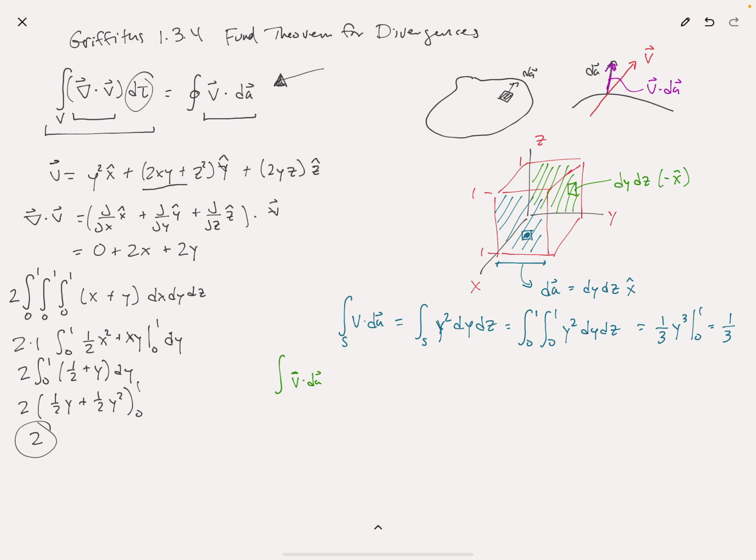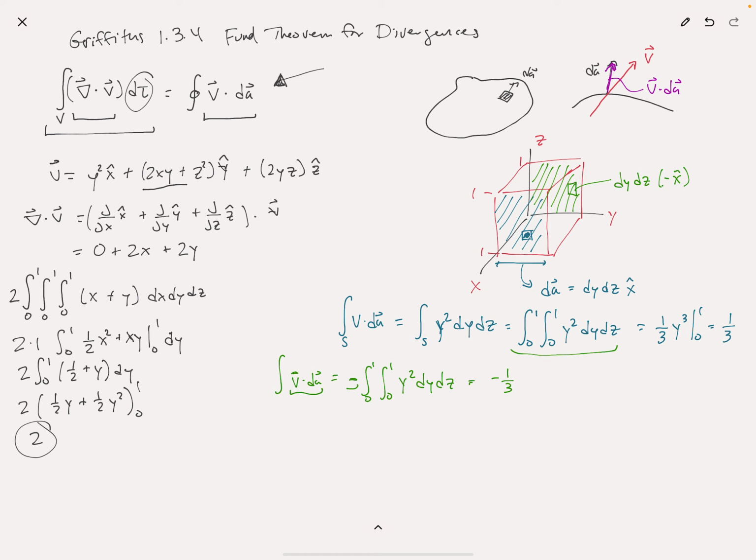So we take that component for our dot product, and we're left with minus the integral from 0 to 1, 0 to 1, y squared dy dz, which is exactly what we had before, but in the opposite direction, with this minus sign. So we know that the answer is going to be minus 1/3.